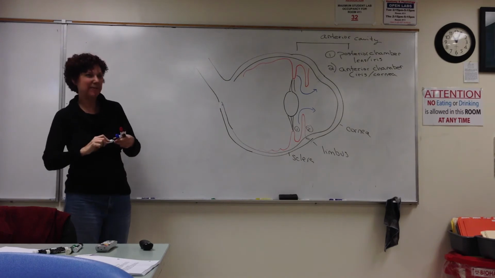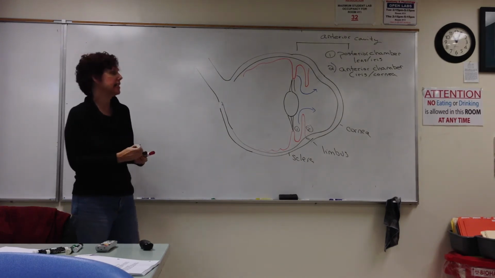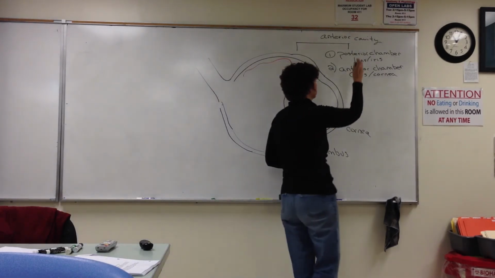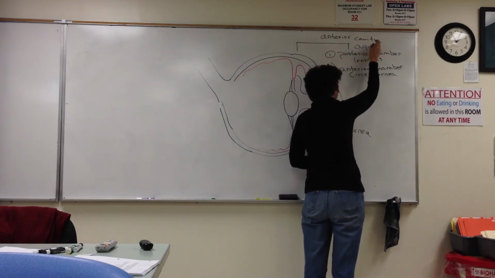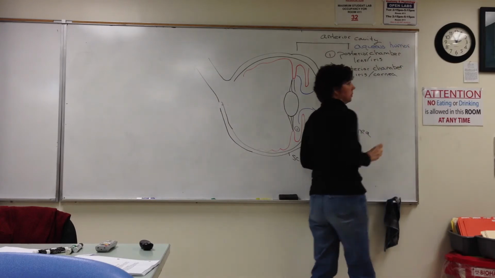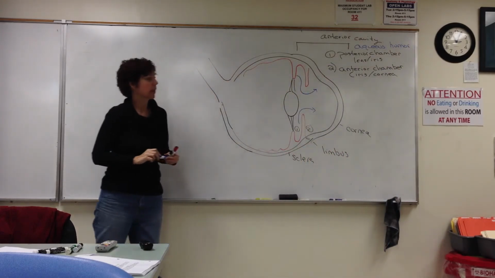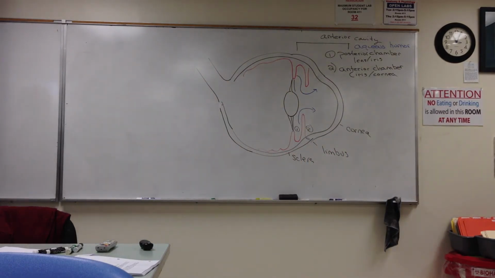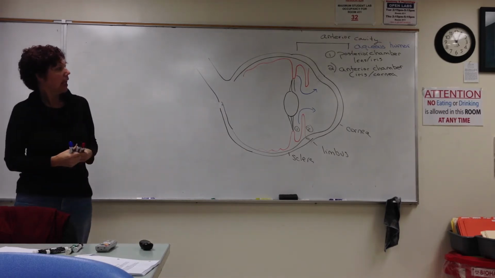The anterior chamber contains aqueous humor secreted by the ciliary processes. This is constantly being secreted from blood supply in the ciliary processes, the vascular layer.